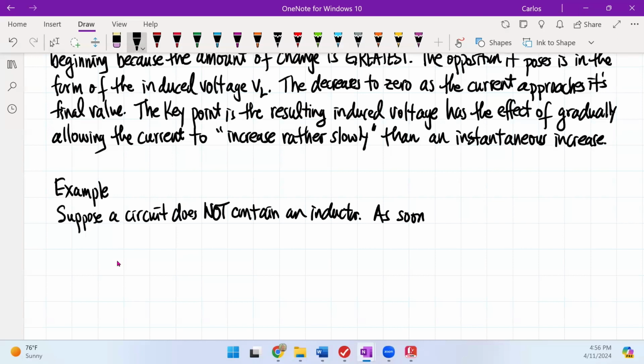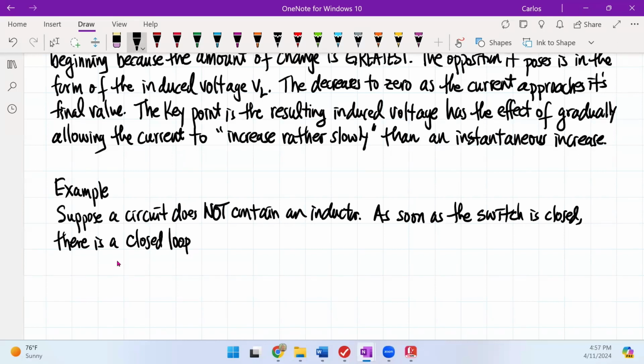As soon as the switch is closed, there is a closed loop formed with an increasing/changing current.